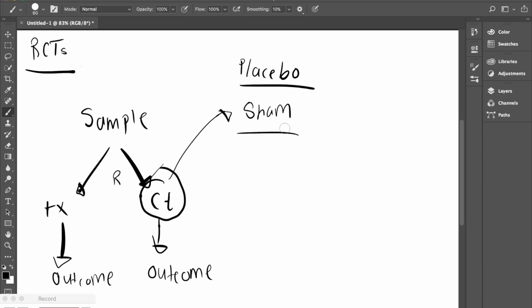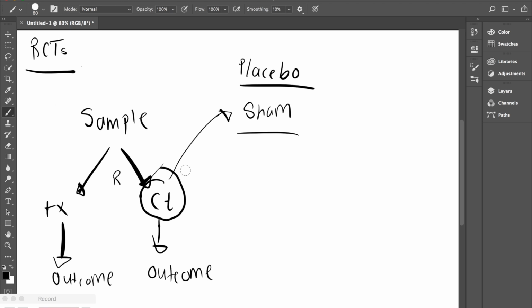And a sham is, for example, a faked intervention. Let's say we're doing some sort of surgery, and one part of the surgery is absolutely necessary for some sort of therapeutic effect to occur. Well, a sham will take that entire surgery, but it will omit that therapeutically necessary step.